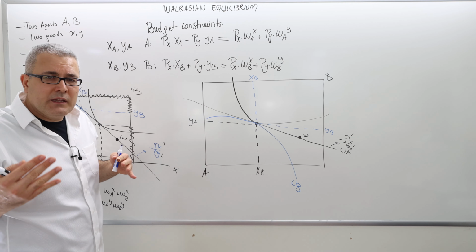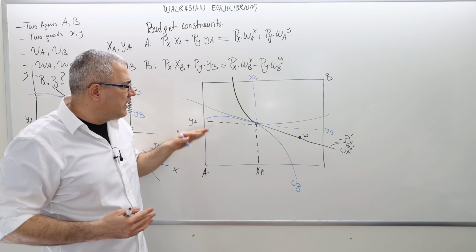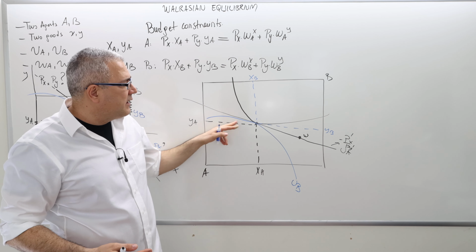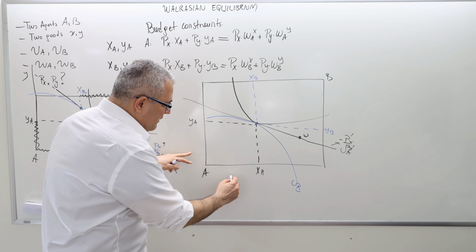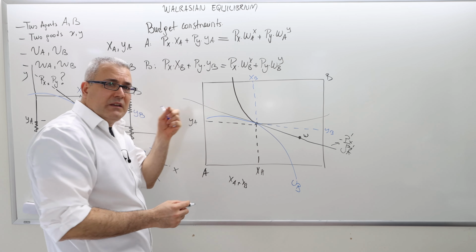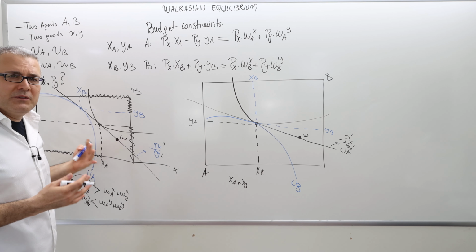So eventually this market maker, this invisible hand, hopefully will come up with a level of prices such that the optimal demands XA plus XB balance. Obviously agents are not going to choose some suboptimal demand.